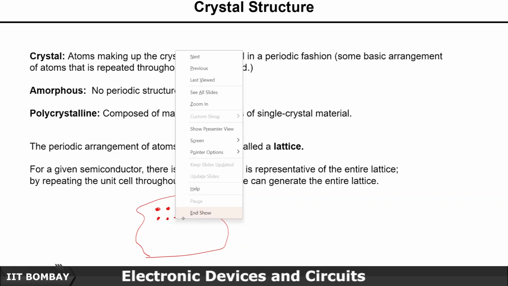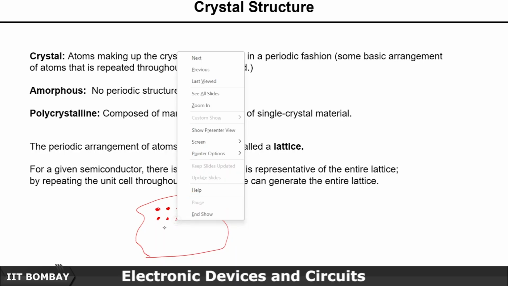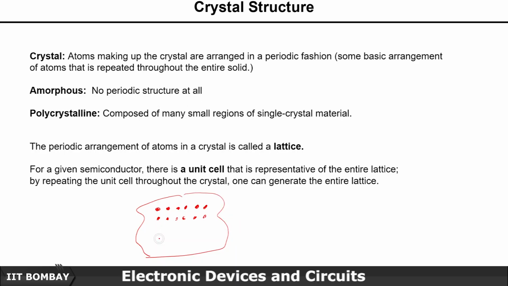An analogy would be a wall made up of bricks, where the bricks are arranged in a periodic fashion. I'm having some difficulties here with this active pen, but I hope it should be okay. So a periodic arrangement of the atoms basically. This is what happens in a crystal structure.